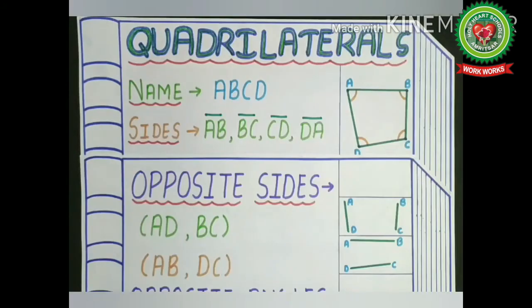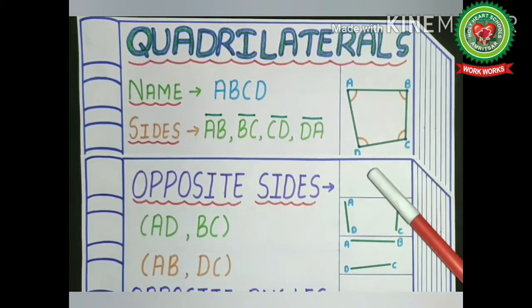Now students, let's talk about opposite sides and opposite angles. What are opposite sides? Two sides which do not have a common endpoint are called its opposite sides. Students, we have the given quadrilateral ABCD.